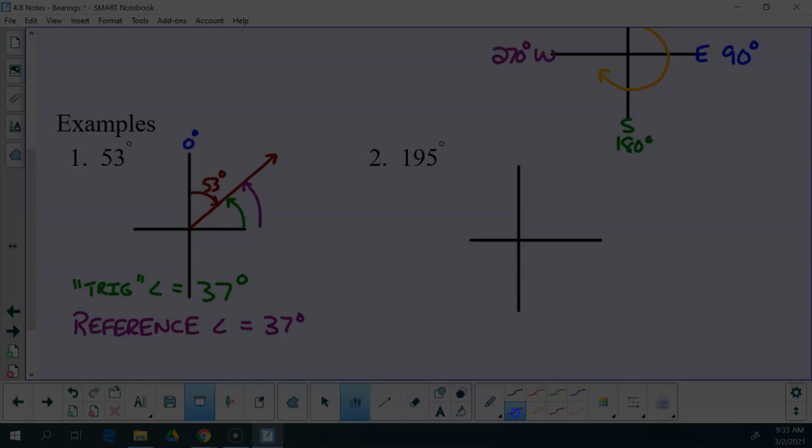Now, if I go over to 195 degrees, I would start up at 0, and I would have to go 195 degrees. Well, there's 90, there's 180, and so I would be down here at 195 degrees.